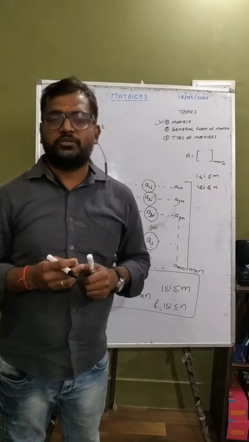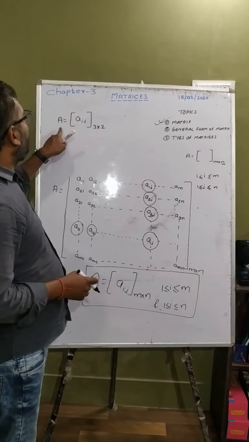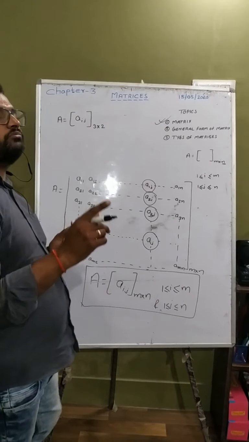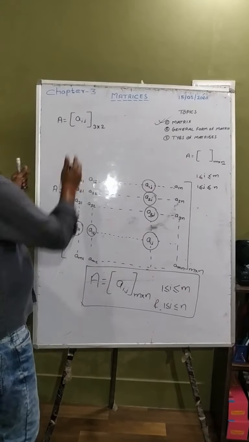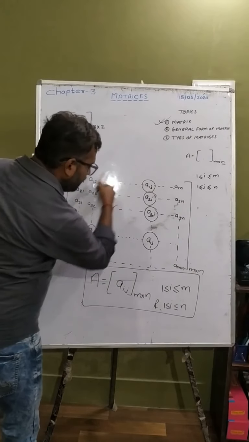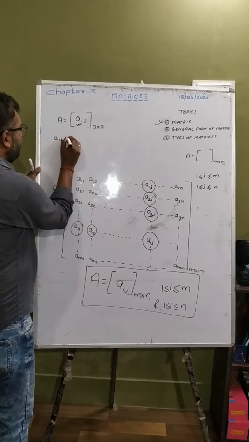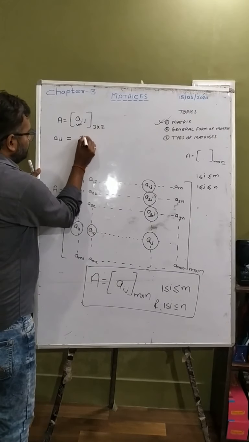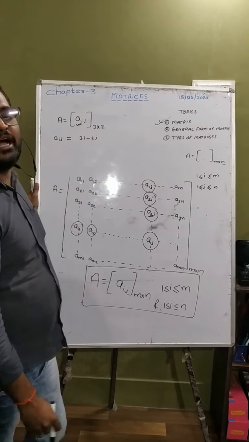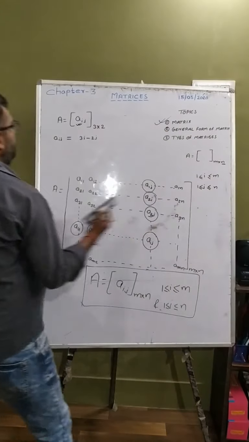If a matrix question asks you to form a matrix of the order 3 by 2 where the general form of the element is given by 3i minus 2j, think what we have to find here.